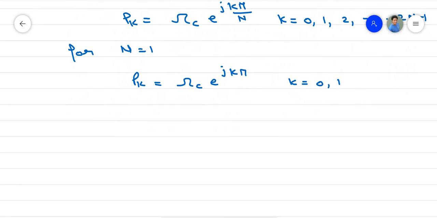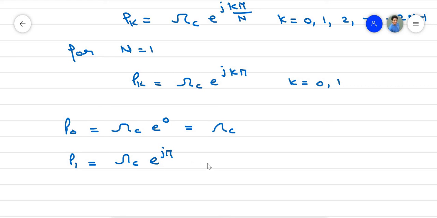Now finding the poles: P0 will be equal to omega c exponential 0, that is omega c. P1 will be equal to omega c exponential j pi, which is nothing but minus 1, so P1 will be equal to minus omega c.